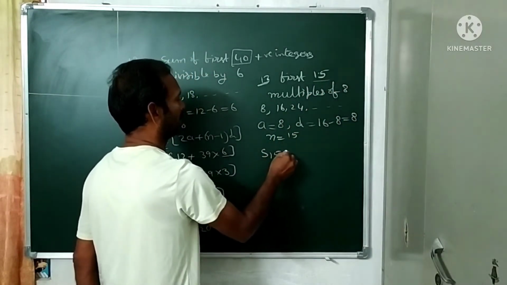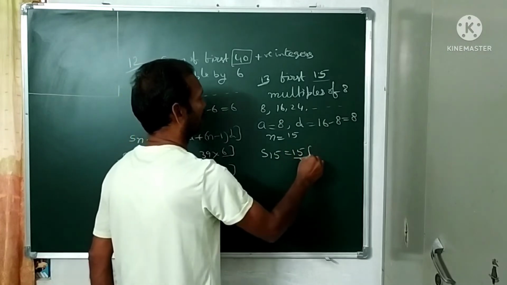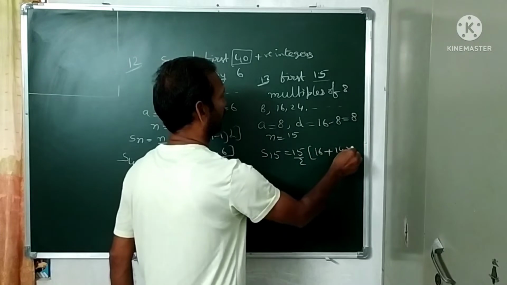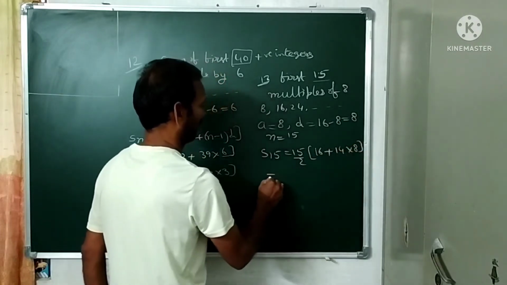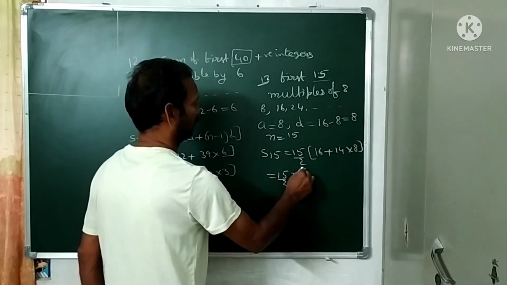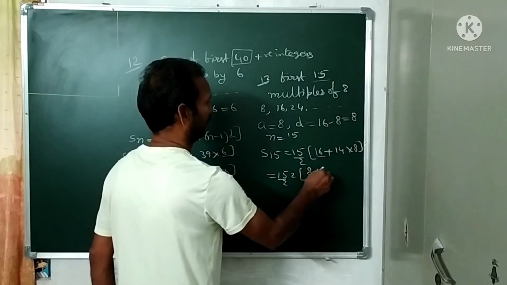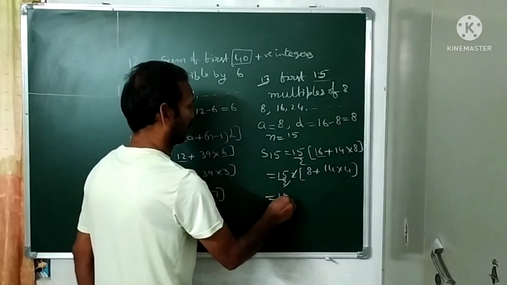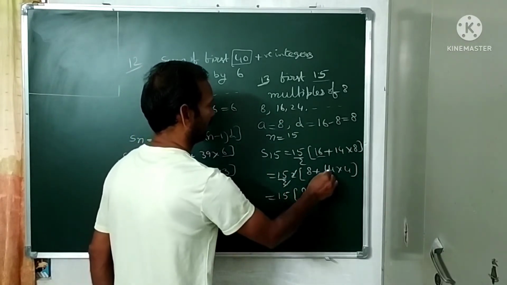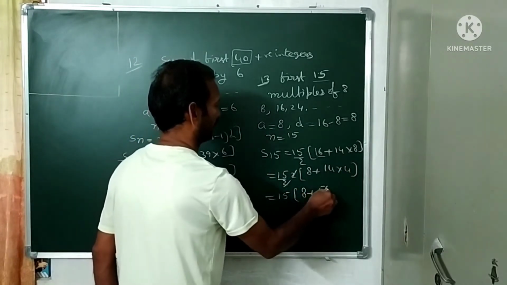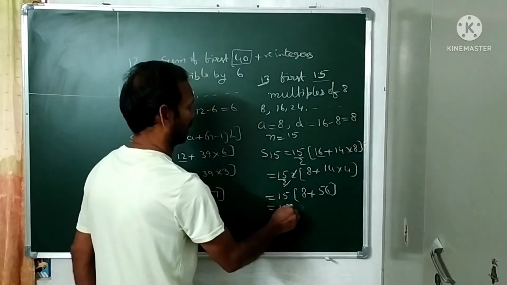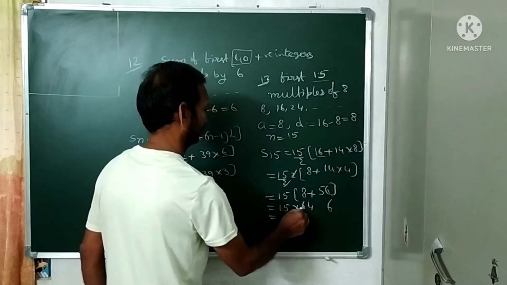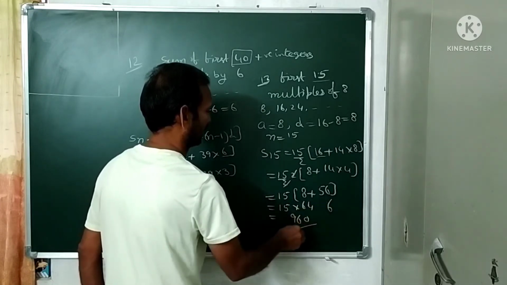So S15 is equal to 15 by 2 into 2A, 16, plus n minus 1, 14, into d value 8. So 15 by 2, take 2 common, here 8, 14 times 4. So 15 times 8 plus 14 fours, 56. 15 times 64, 960.